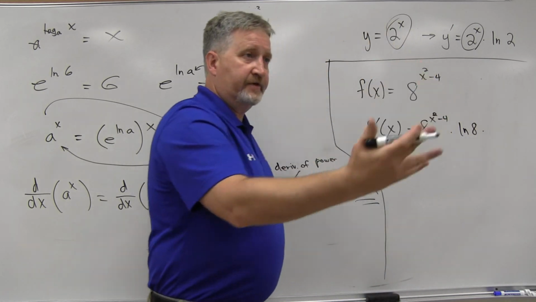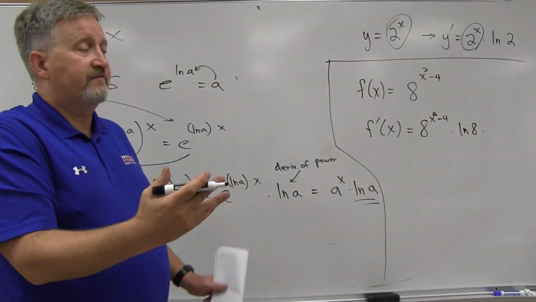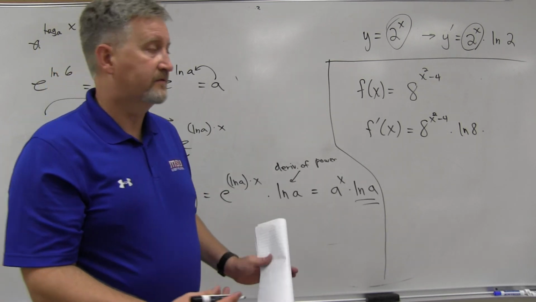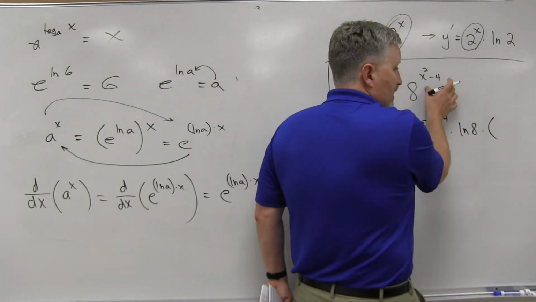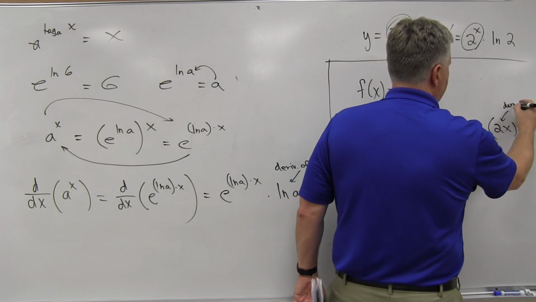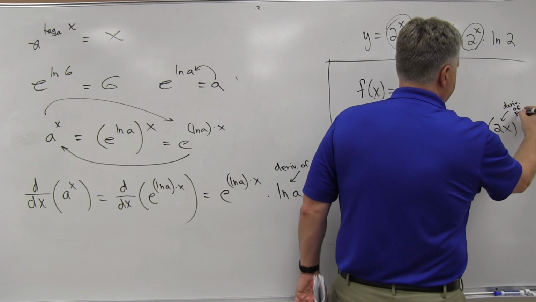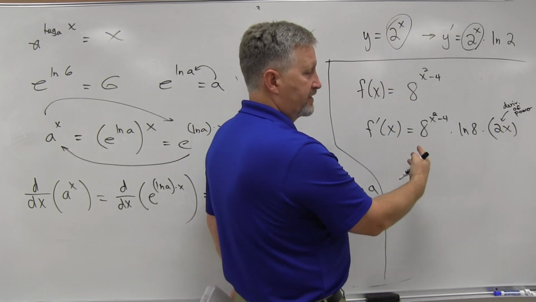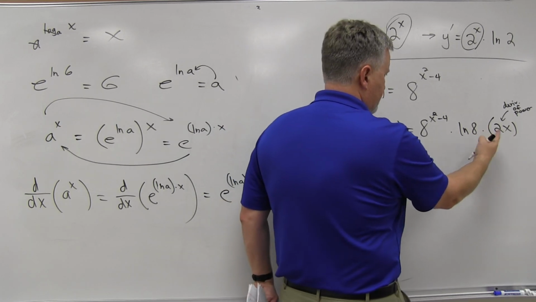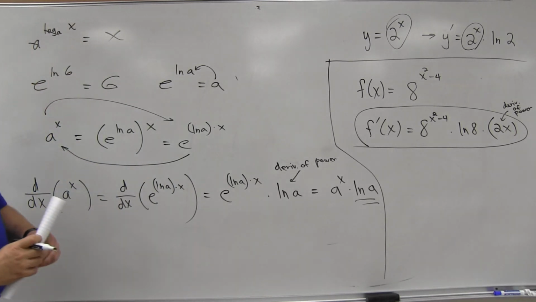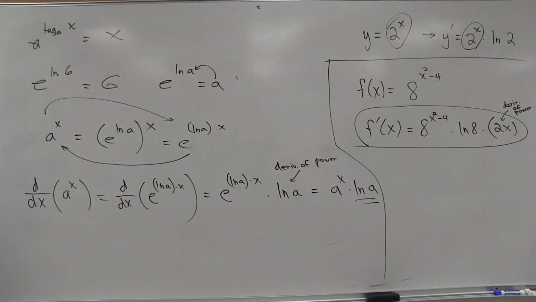But then I have that extra component because the power is x squared minus 4, so I've got to do the derivative of it. The derivative of the power is just 2x. It's a chain rule. Is that okay? I can't combine the 2x and the 8. That's it. It's not a simple derivative, but it's what it is.